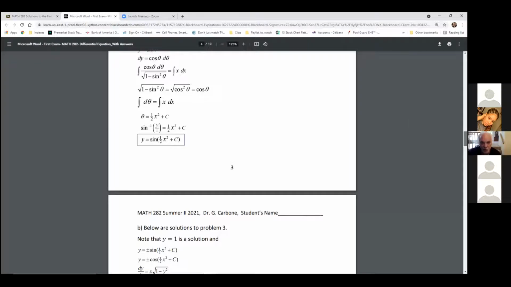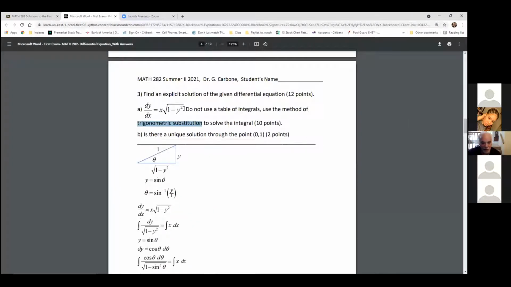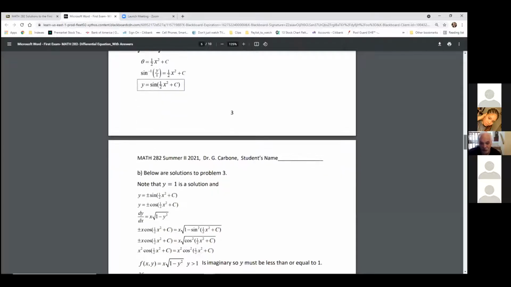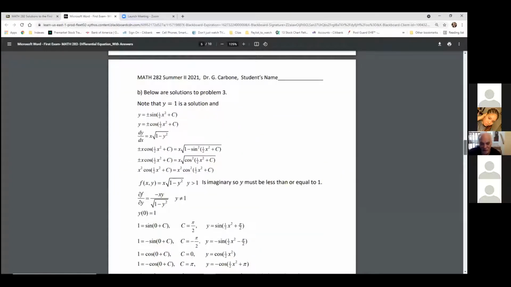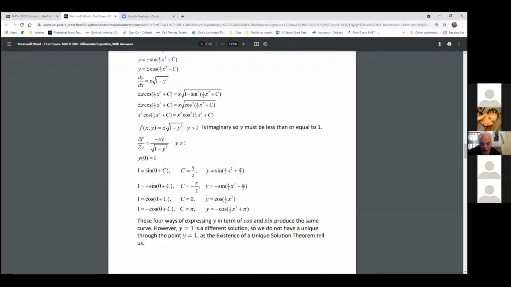Put y equals 1 into this differential equation and you'll see you get a solution. So you actually have two solutions, and when you have two solutions, you do not have a unique solution. So a unique solution does not exist through the point y equal to 1.